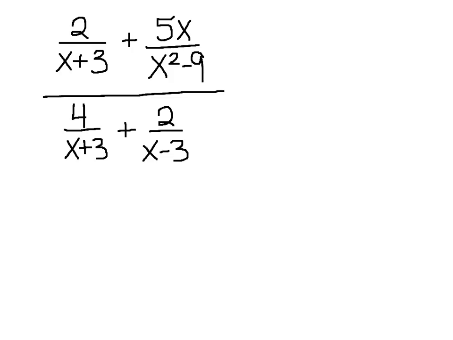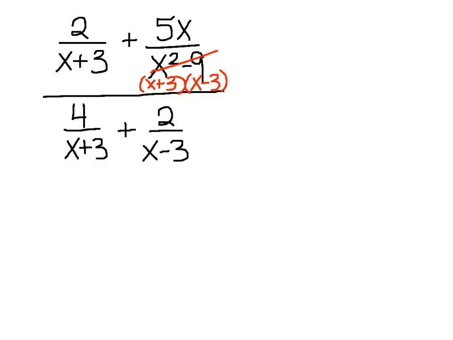So this is the last problem we're going to work on, but it's definitely more complicated, so just go with me step by step. It's still the same process though. First of all, we need to get the numerator to be one fraction, and we need to get the denominator to be one fraction. Now remember, always factor first in order to find the least common denominator. So this is going to become x plus 3 times x minus 3.